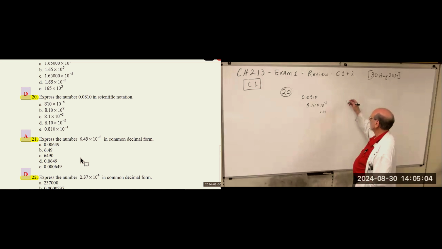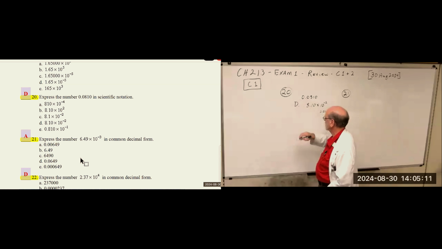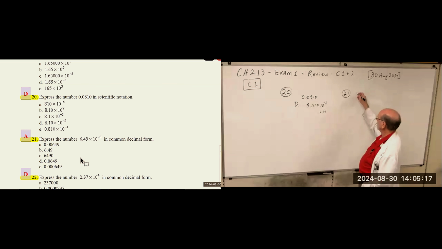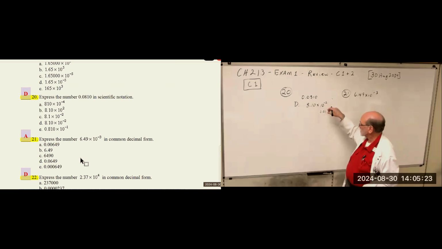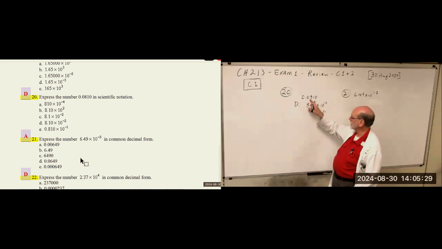21. Express this number in common decimal form or standard notation: 6.49 times 10 to the minus 3. When you do the conversion, you preserve the significant figures. This one has 3, 1, 2, 3.